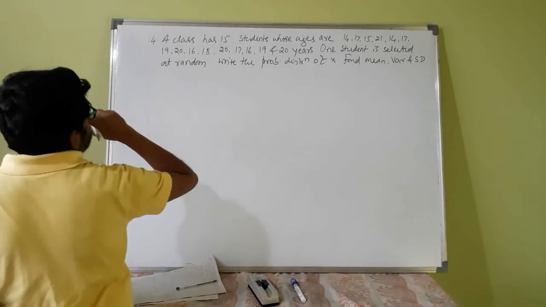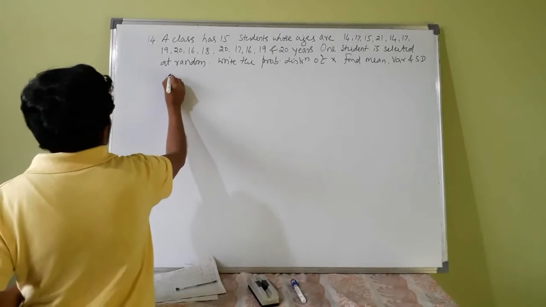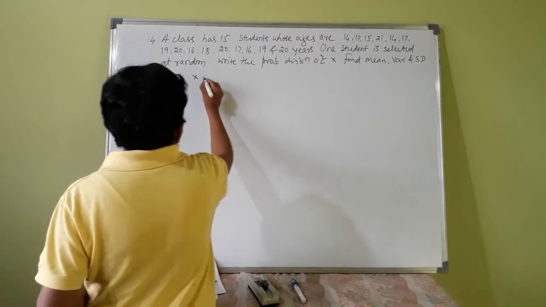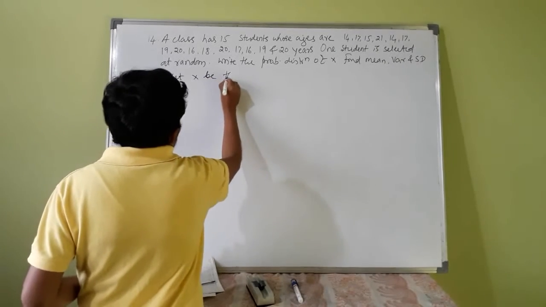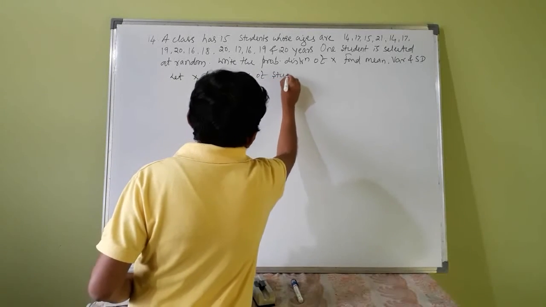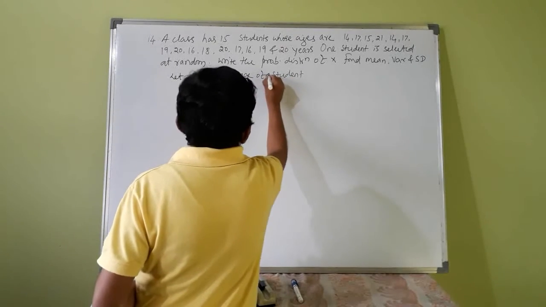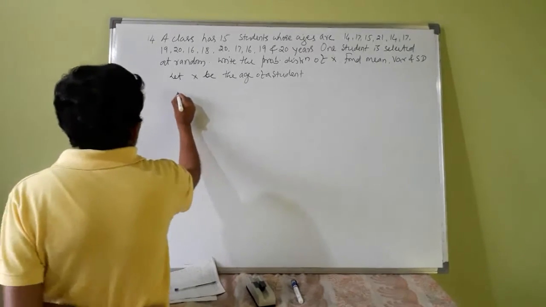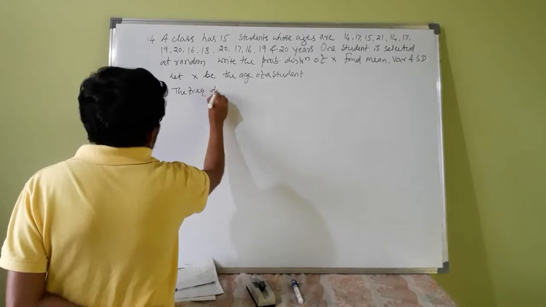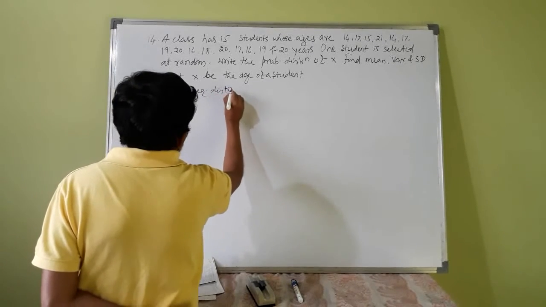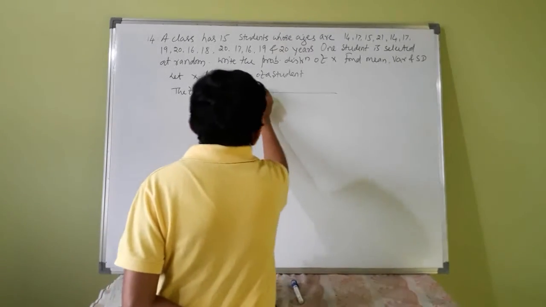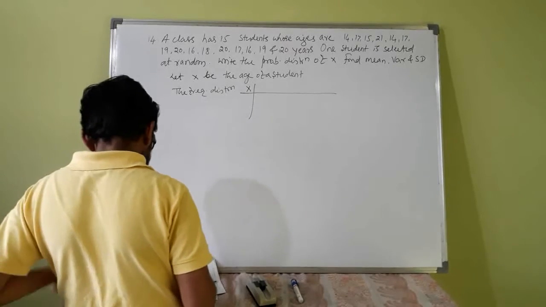Let x be the age of a student. The frequency distribution is needed because some values are repeated here. Minimum is 14.